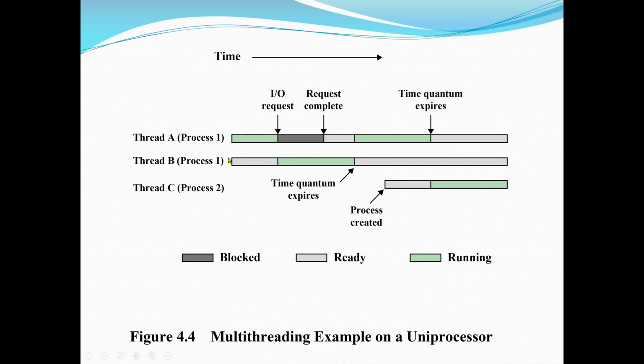Three threads in two processes are interleaved on the processor. Execution passes from one thread to another, either when the currently running thread is blocked or when its time slice is exhausted. So this is the blocking stage, ready stage, and also the running.